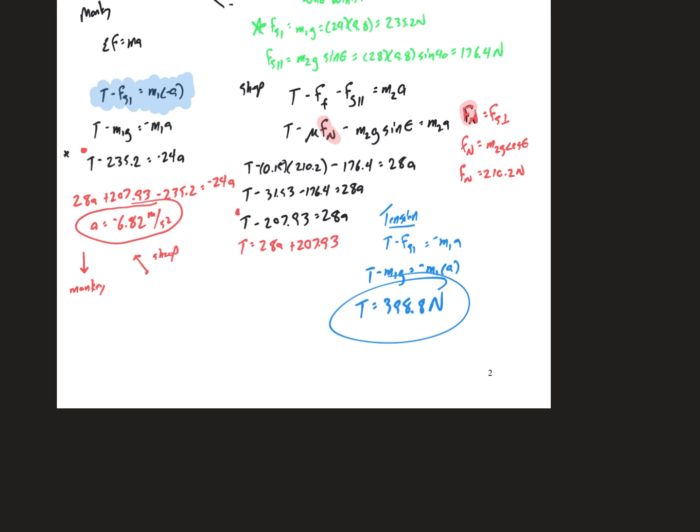Cool. So to recap real quick, we have this idea of two objects that are connected. So the object on the left is just a hanging mass, and it's going to have its weight and its tension.